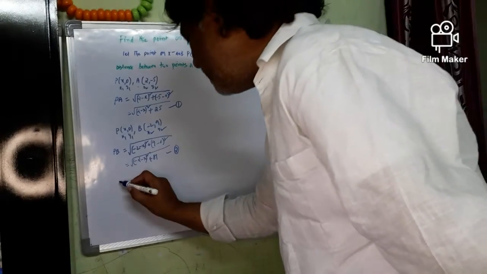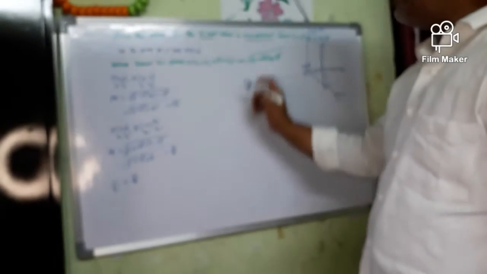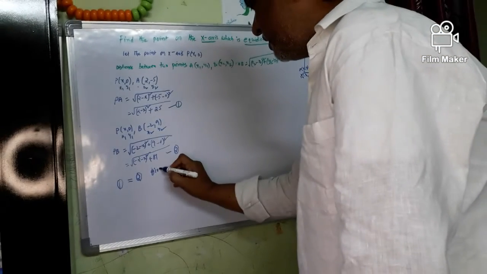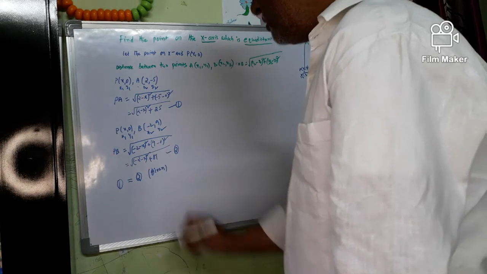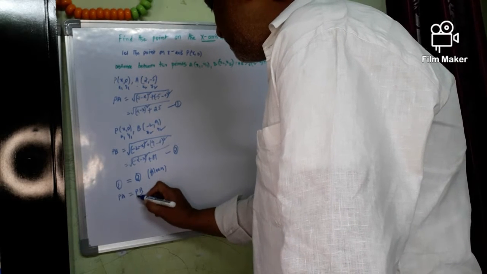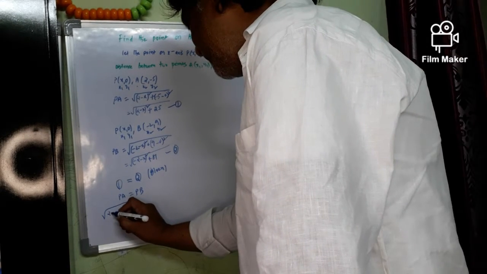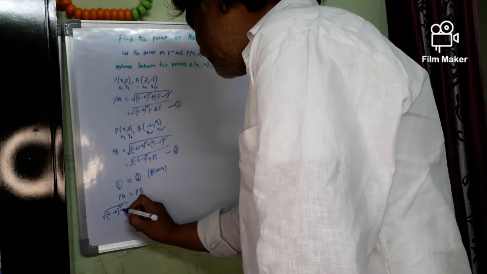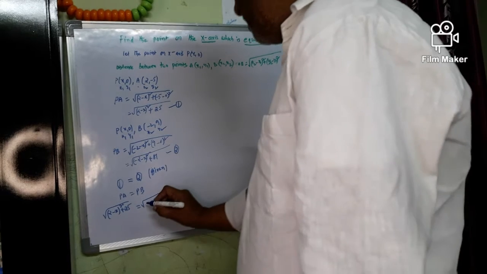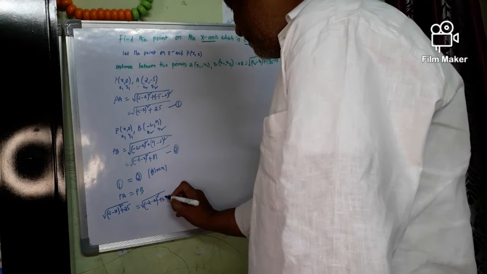Equation number 1 and equation number 2 are equal. Why? It is given that they are equidistant. So PA is equal to PB. PA is the square root of (2 minus x) whole square plus 25, equal to PB, the square root of (-2 minus x) whole square plus 81.